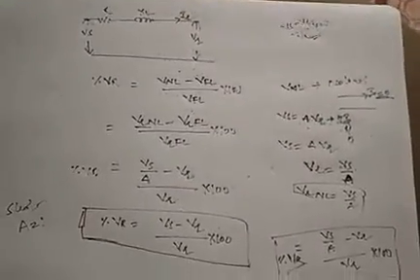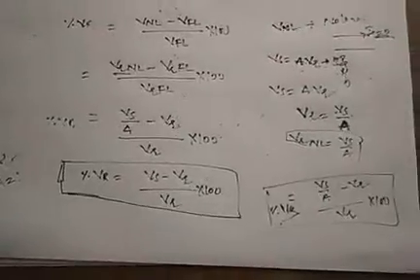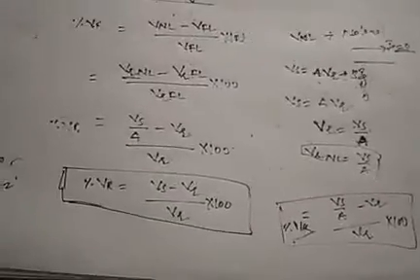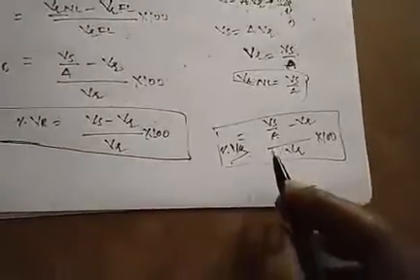Each and every time I will describe a short transmission line because we are very much needed for the distribution system. The transmission length is very less, less than 50 kilometers. That's why each and every time we will take A as equal to 1.